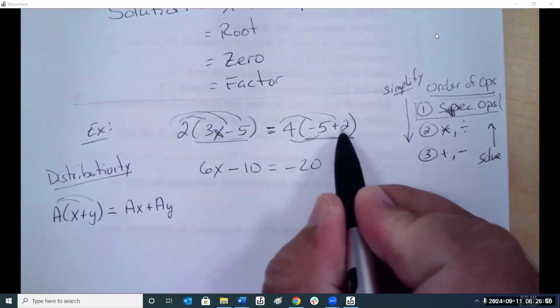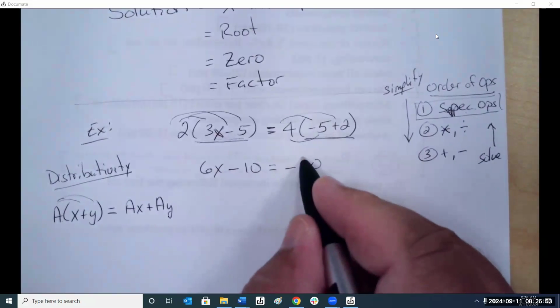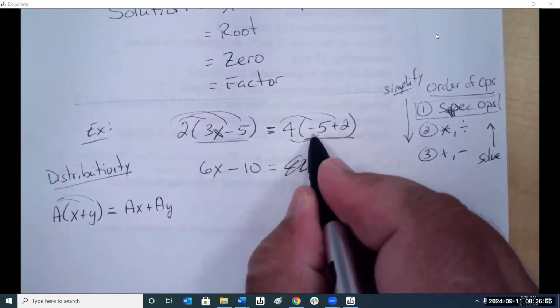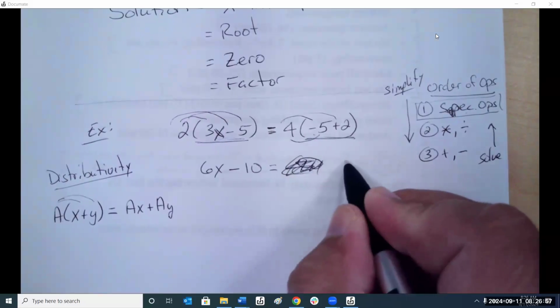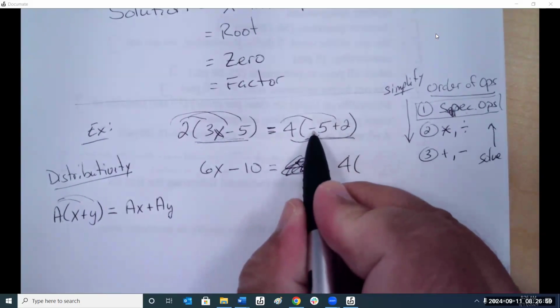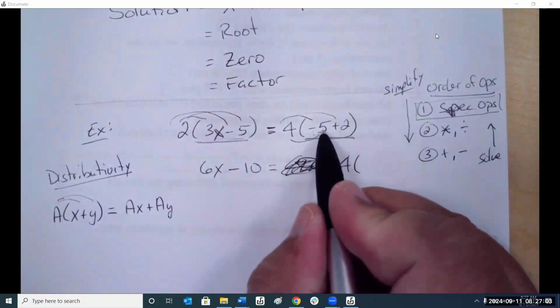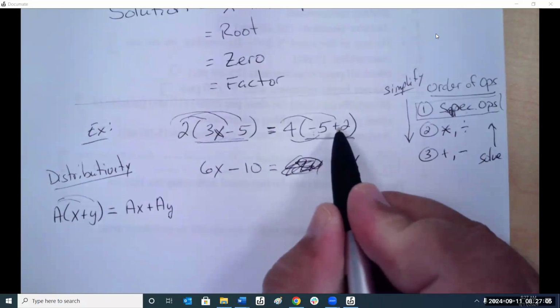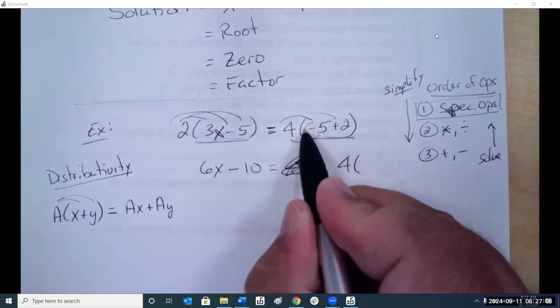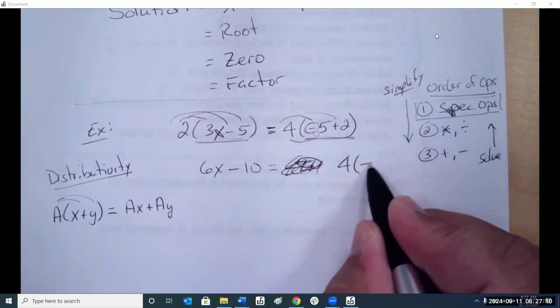We have a special operation here. Can we do anything inside there? We could do negative 5. So we could do inside there first. So what is negative 5 plus 2? Yeah, since we have different signs, since 5 is bigger than 2, the answer is going to be negative.